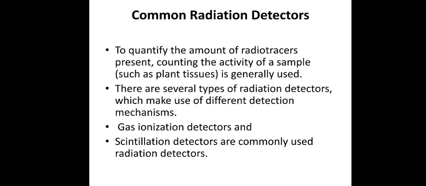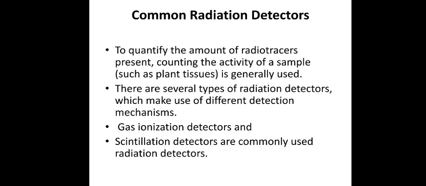Now, what are the different techniques that are used in radiotracer techniques? One of them is where common radiation detectors are used. Here what we do is we add a radiotracer element. It might bind to a chemical of your interest.